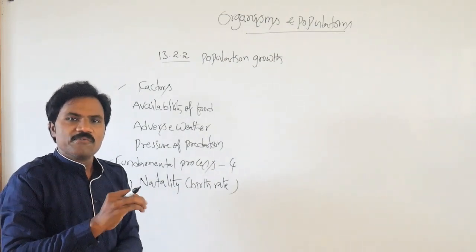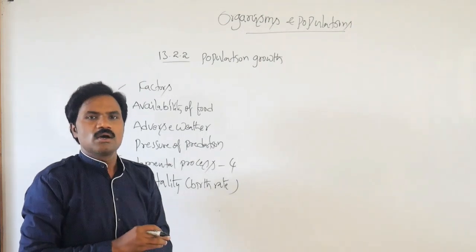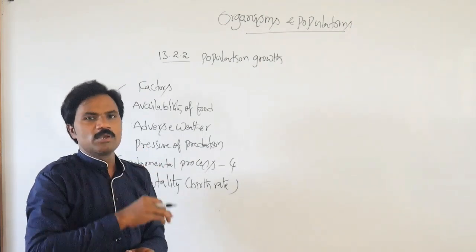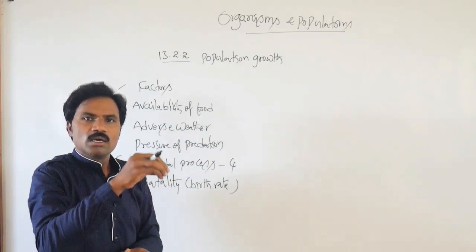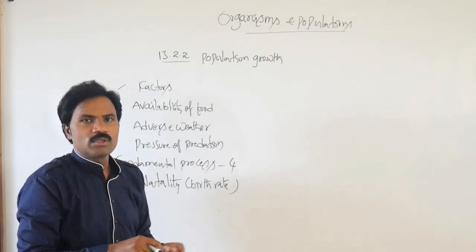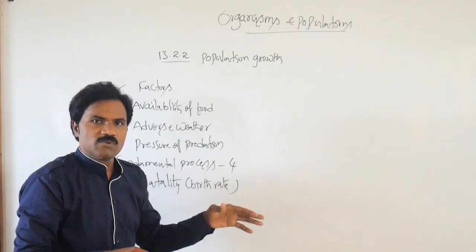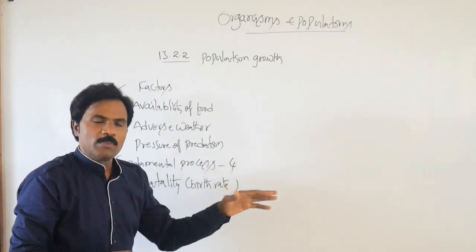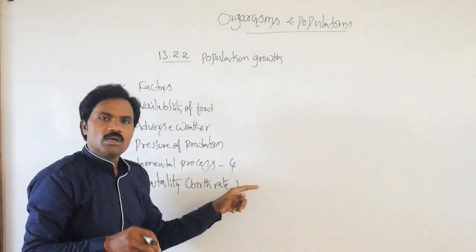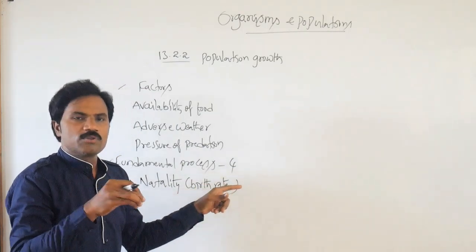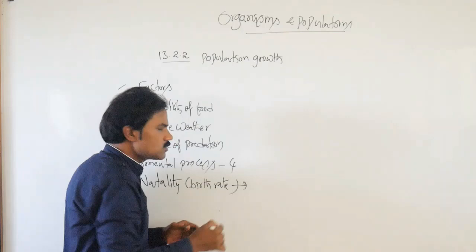If new individuals are added to a given population, that is, giving birth in a specific period of time in a population, that is related to birth rate. How is the birth rate represented?